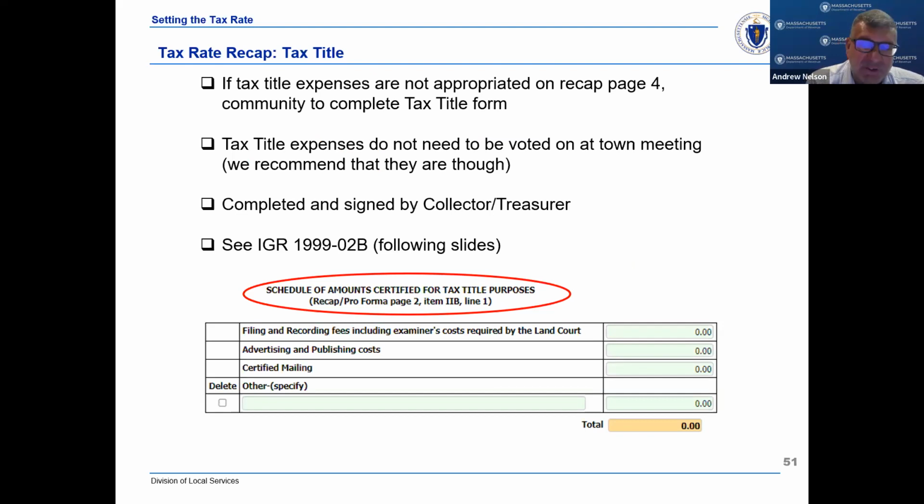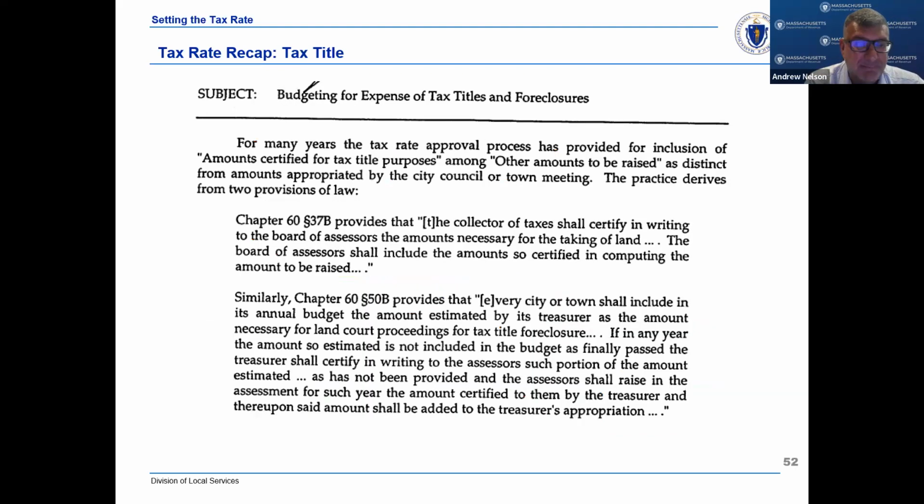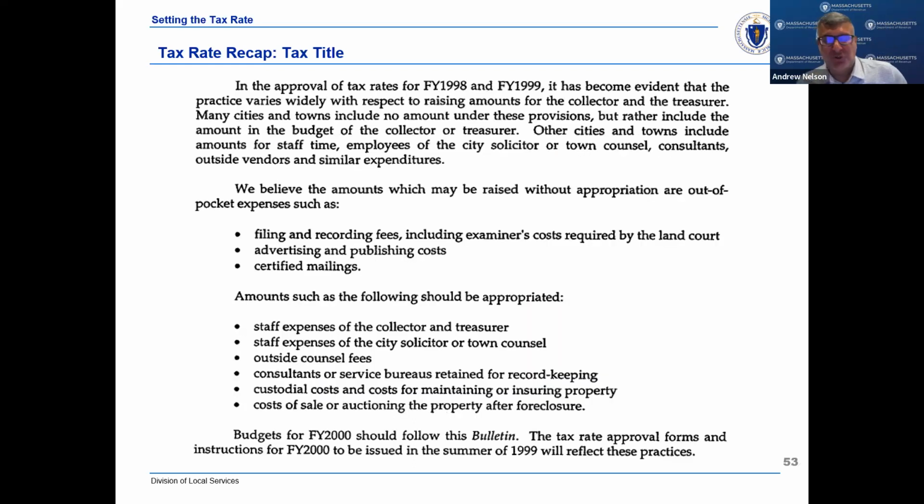I've included the next 2 pages of your handout, an old bulletin we have that walks you through what's available and what's allowed here, and you can use that as a reference for what you can put on here. That's filled out by the treasurer or treasurer collector or the collector if you only have one, signed, and submitted to the gateway.